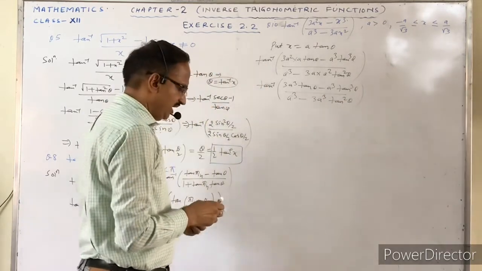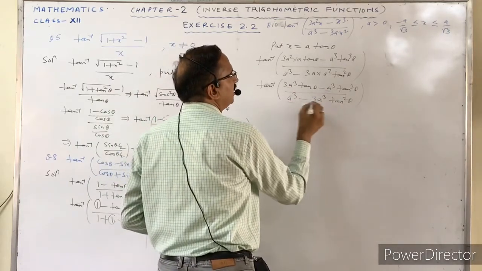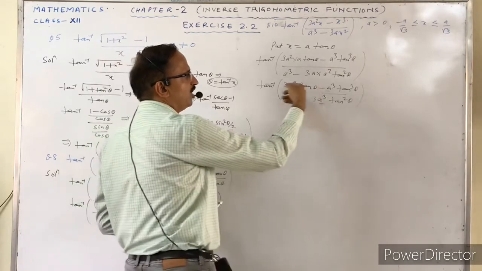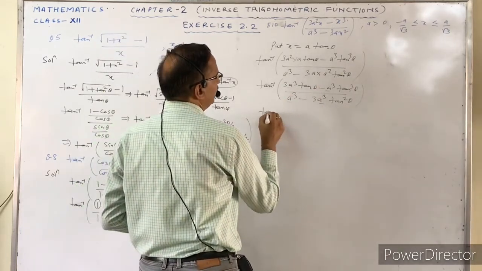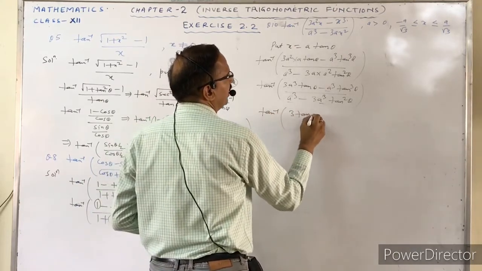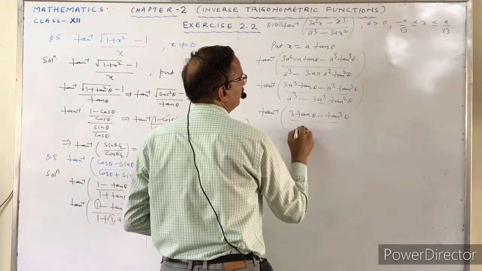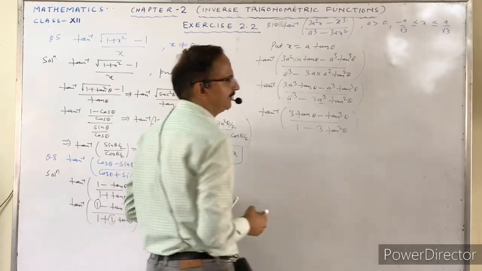Now look, a cube is common in numerator and denominator, so we will take a cube common and cancel out. So simply we get tan inverse of 3 tan theta minus tan cube theta upon 1 minus 3 tan square theta.